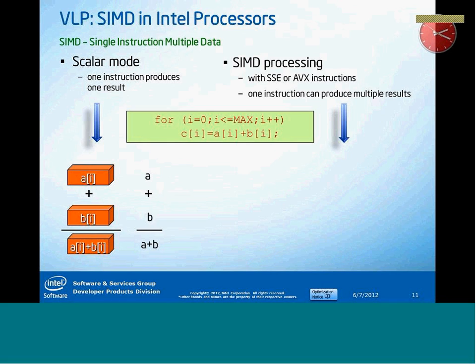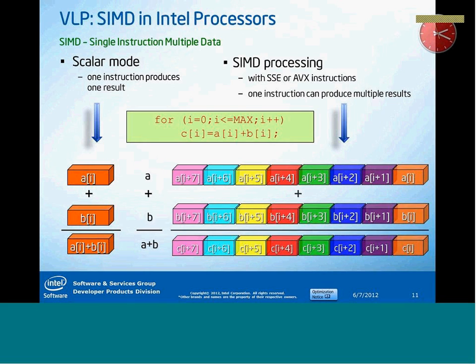Now, using the Intel compiler with a special switch for SIMD vectorization, we can add, for example, 8 elements within a single clock. So this piece of code will be running 8 times faster.